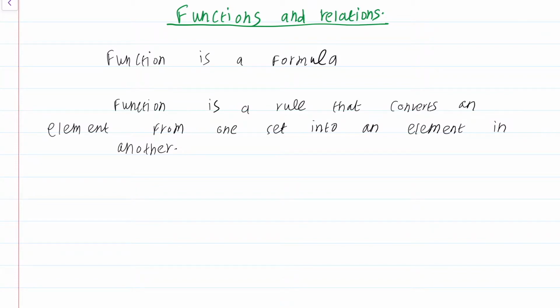How do you make this idea precise using set theory specifically? To do that, first let's take a more general concept, that of a relation. This, more precisely, the notion of a binary relation.